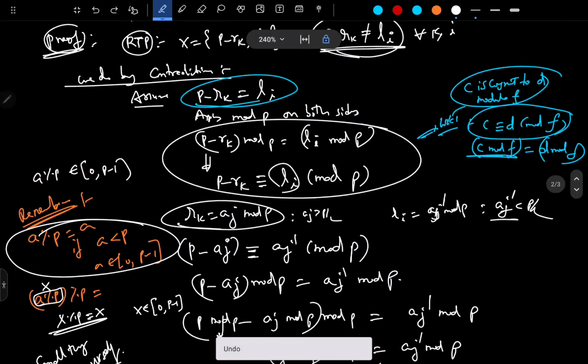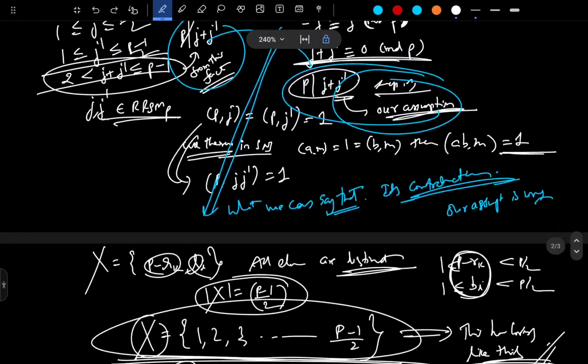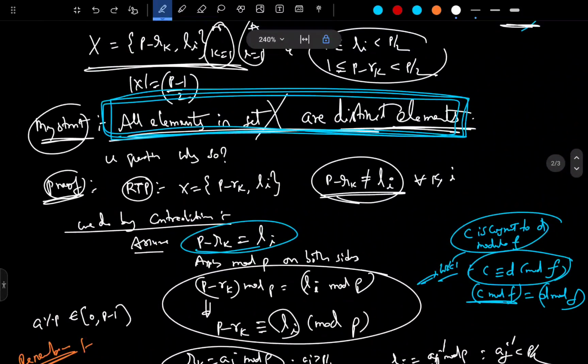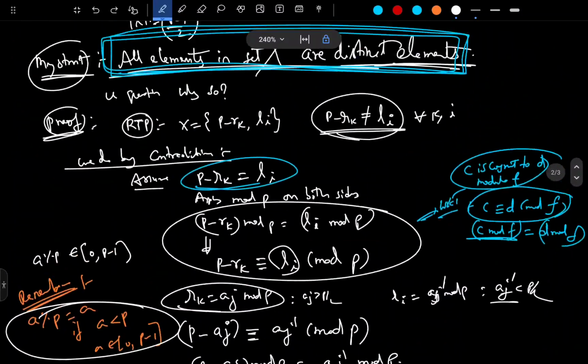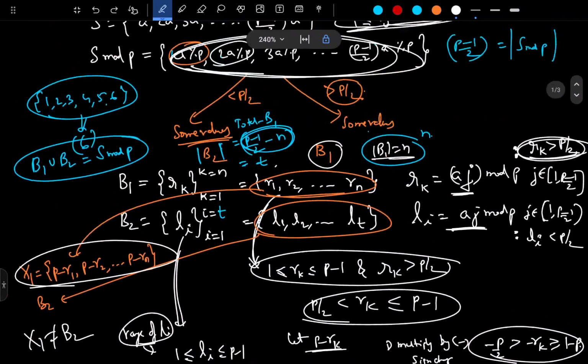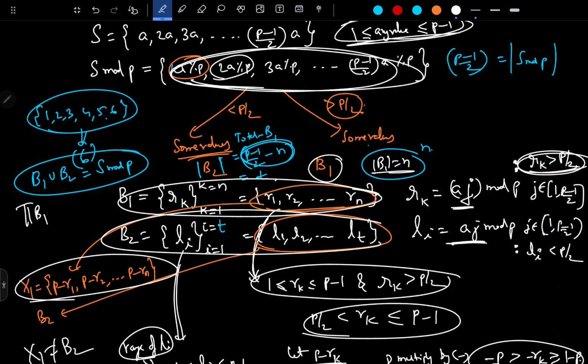Here this is bi, this is ri. So phi of b1 into phi of b2.